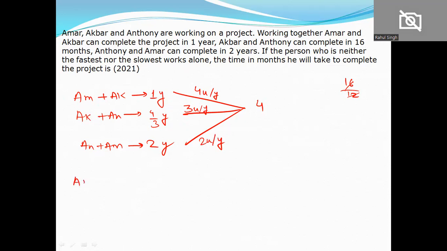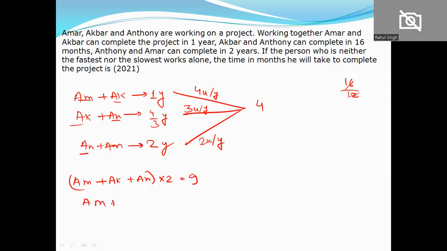So Amar, Akbar and Anthony. See, if I add these things, Amar comes 2 times, Akbar comes 2 times, Anthony comes 2 times. If we add, how much will it be for all? 4, 3, 7, 7, 2, 9.